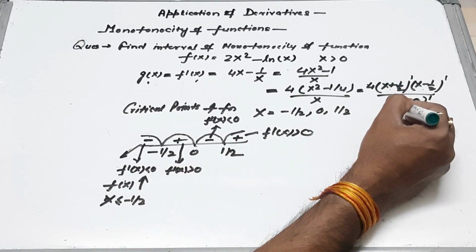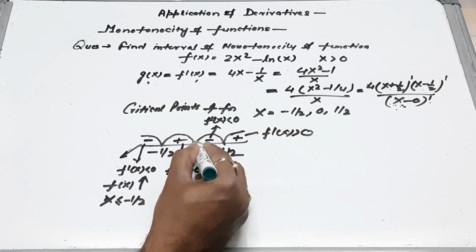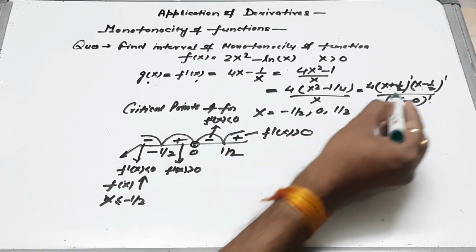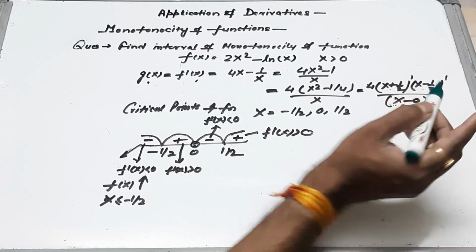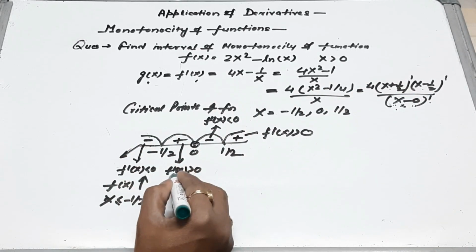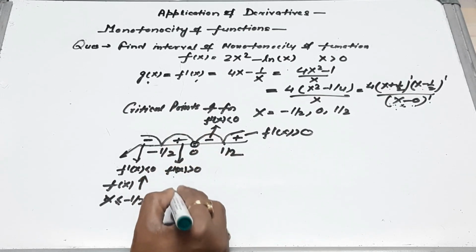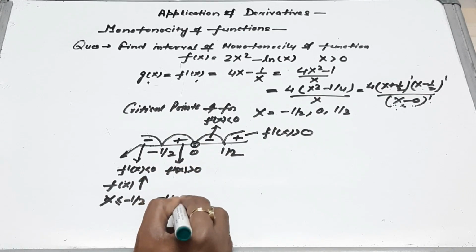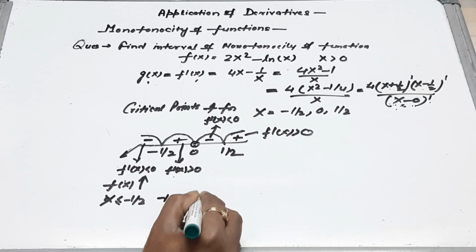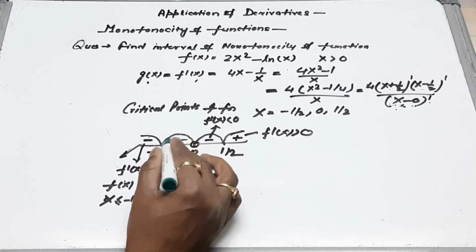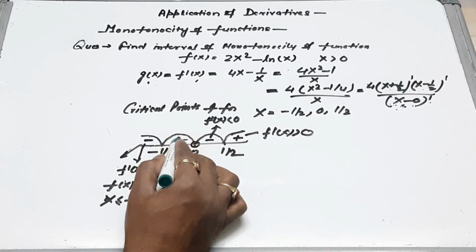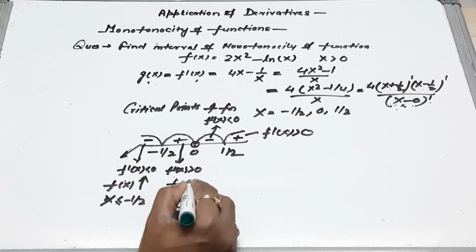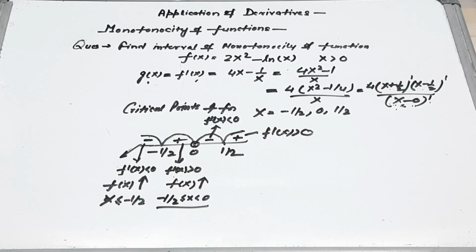At 0 the function is not defined, so 0 will not be included. Here it is a missing point, correct? Because the critical point 0 is in the denominator. So f'(x) is positive in which interval? −1/2 ≤ x < 0. In this interval f'(x) is positive, meaning f(x) will be an increasing function.